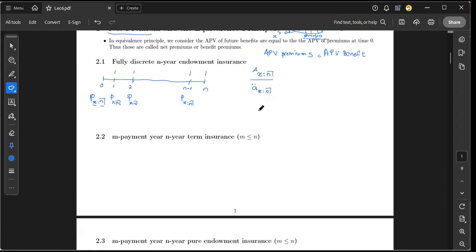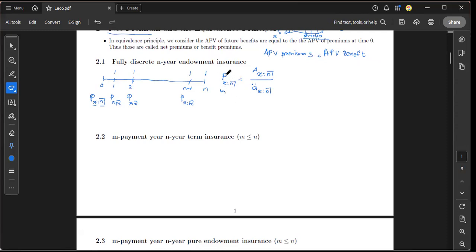So that is the temporary life annuity for n years. So the ratio gives us the premium calculated through the equivalence principle. So this is the premium we get for this endowment insurance.